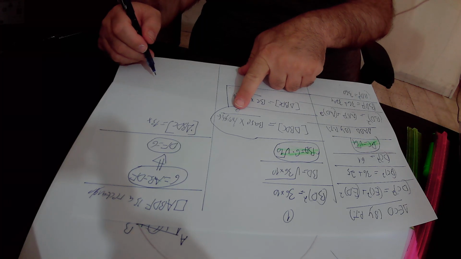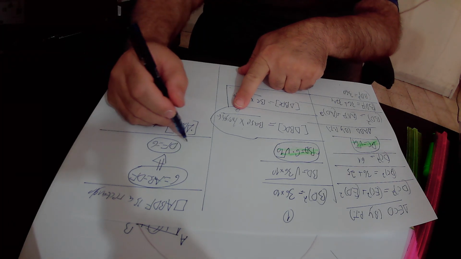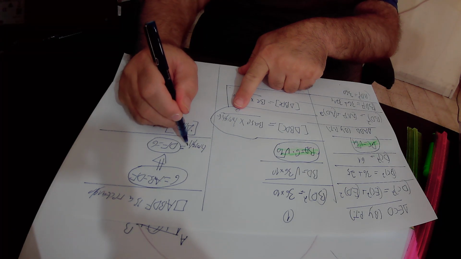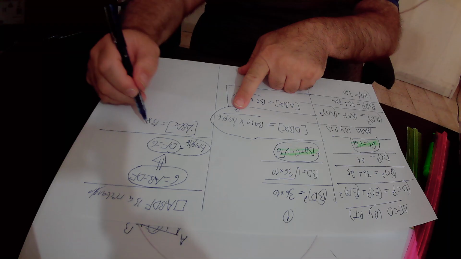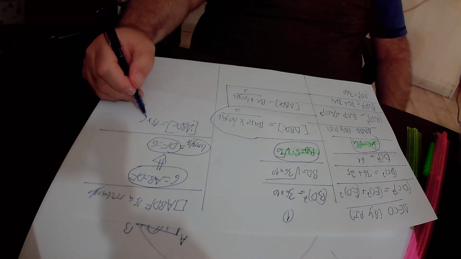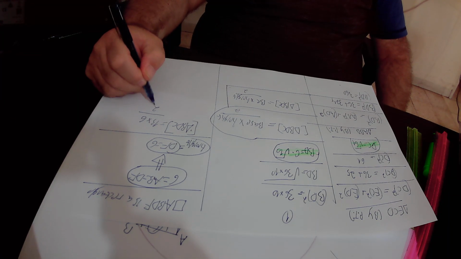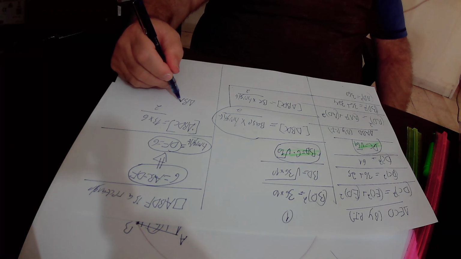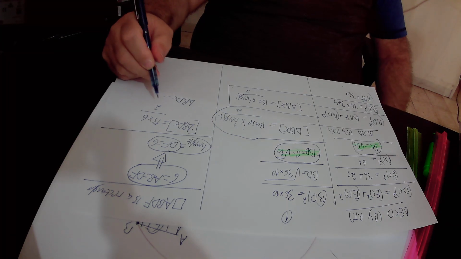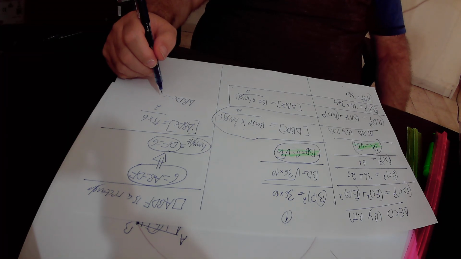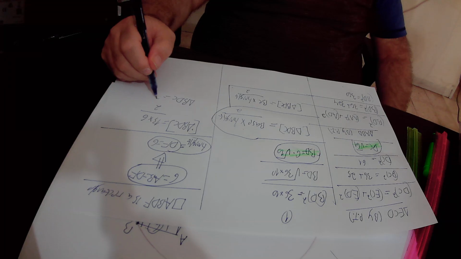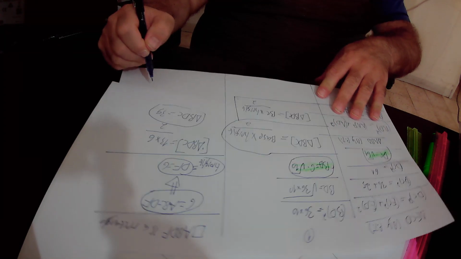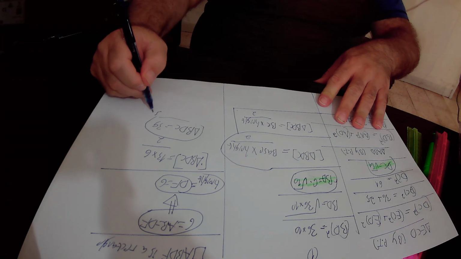We just found out that the height to the base that creates 90 degrees with the base equals 6 units, so the height equals 6 units, over 2. So we found out that the area of the green triangle BDC equals 13 times 6 over 2. 6 over 2 is 3, and 3 times 13 is 39. So the area of the green triangle, triangle BDC, equals 39 square units.